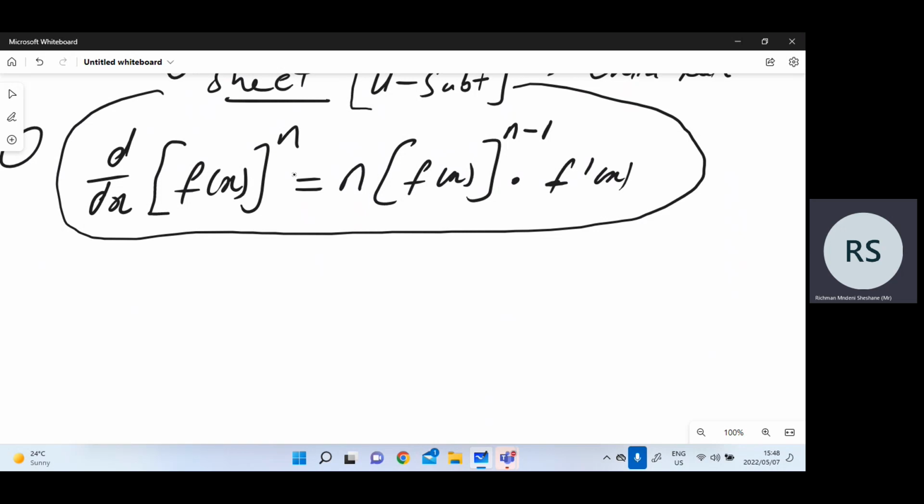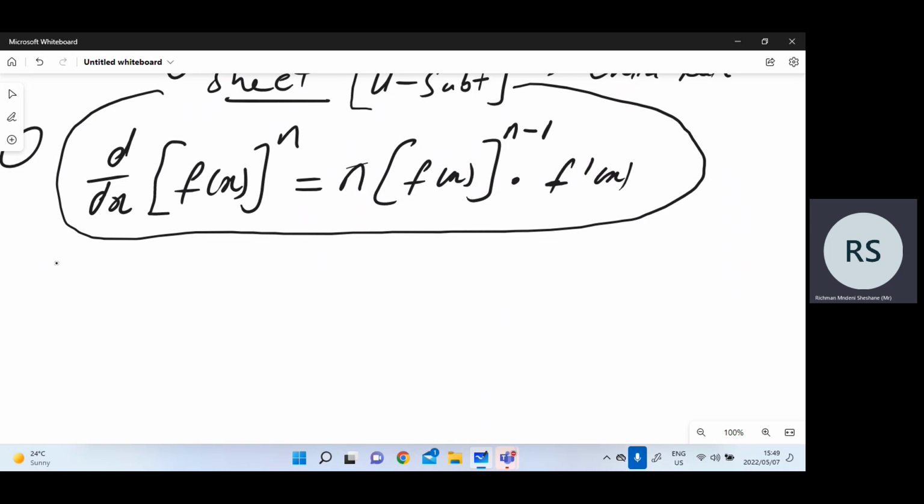When you do that, you are applying the chain rule. So the first form is this formula, and for simplicity, it will be given during the test. Always when you're deriving a function that is to the power of n, you will come to this formula, right?